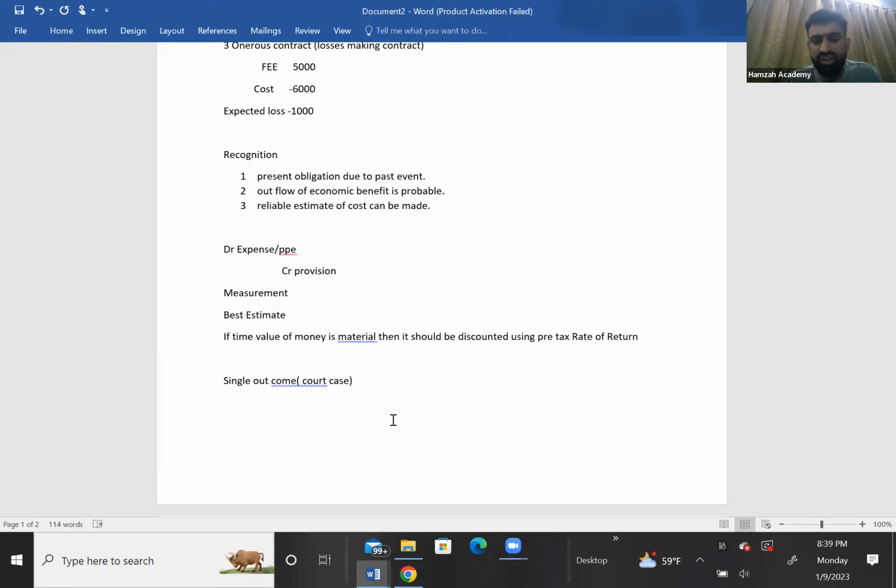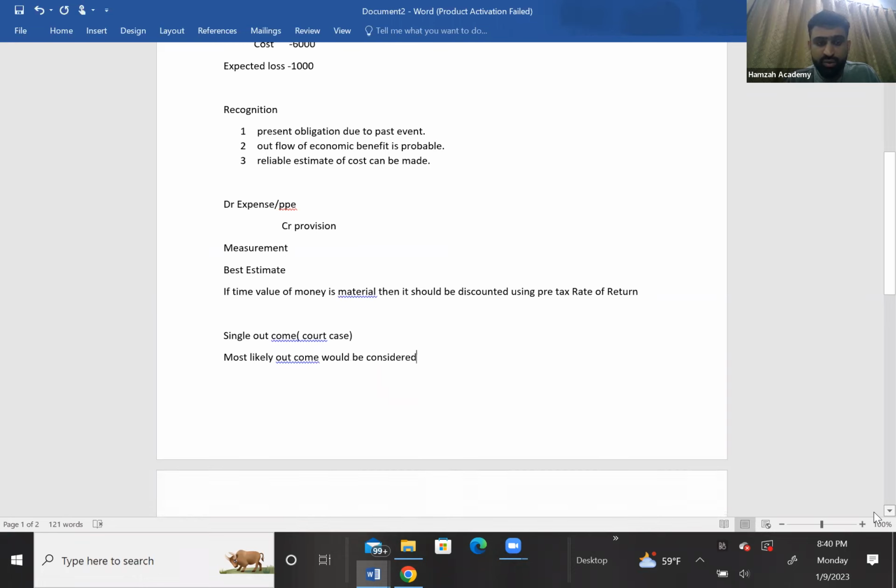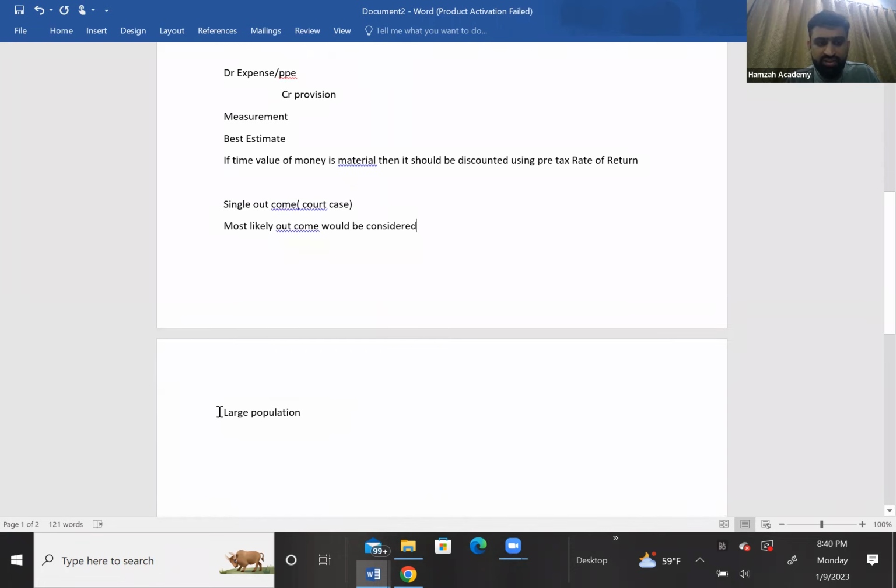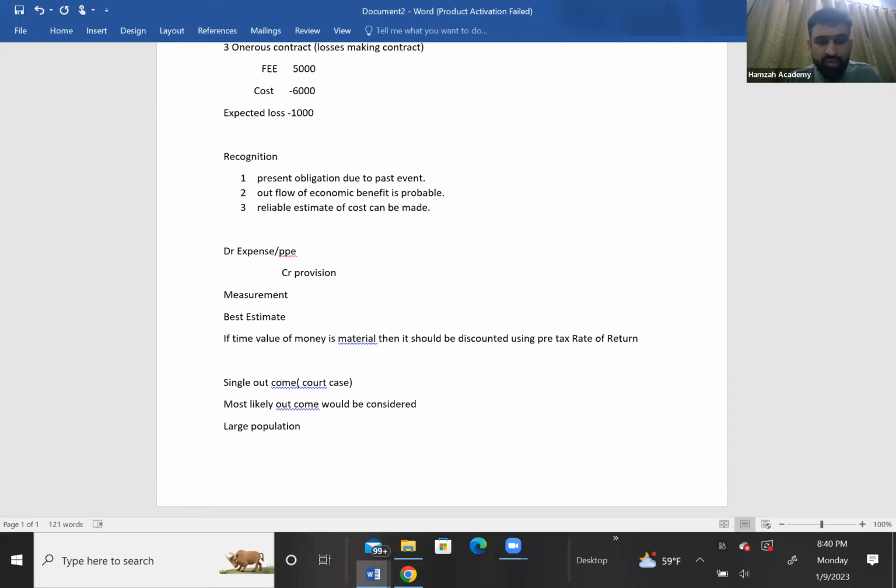If the provision involves a single outcome, then the most likely outcome would be considered in measuring the provision. Now, what is meant by the most likely outcome?